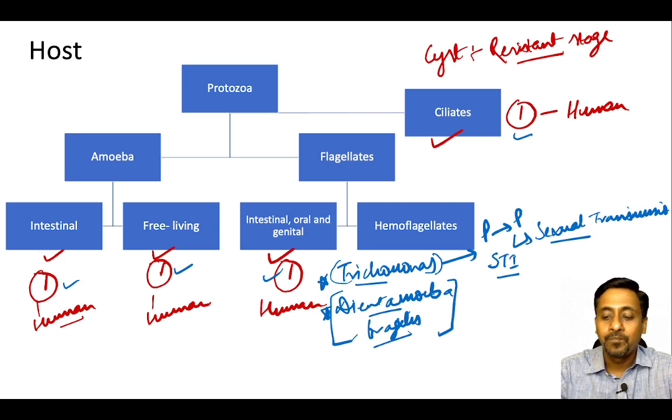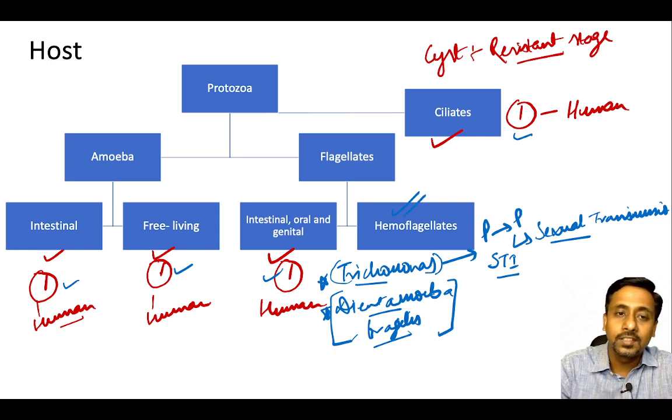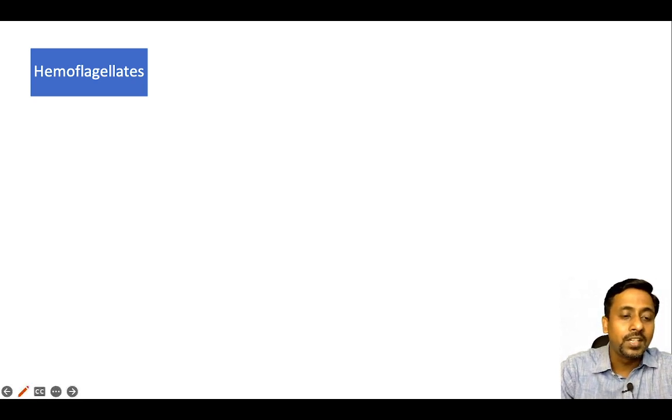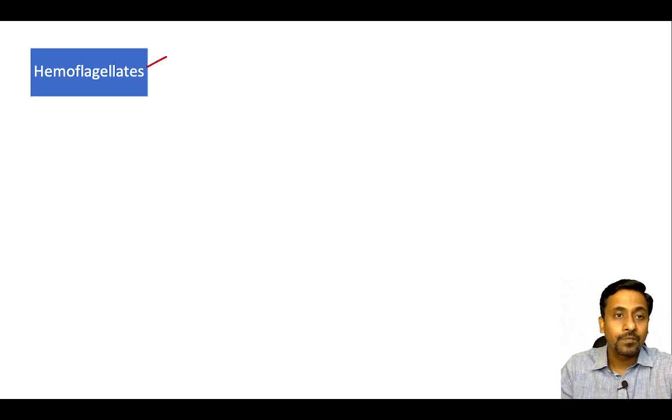Okay. Now coming to the next flagellates, that is hemoflagellates. The name itself suggests that these flagellate forms are present inside blood and tissue.